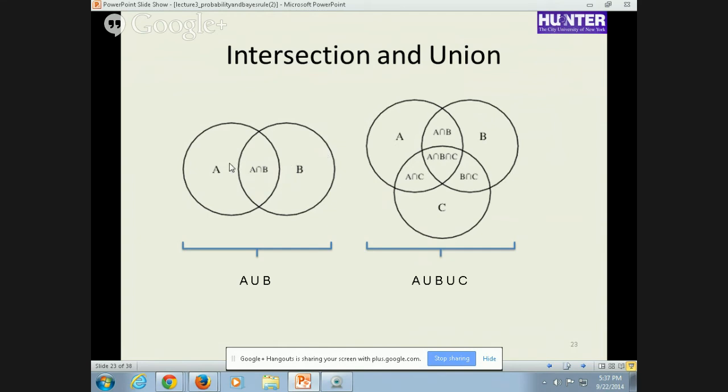So you imagine if you have a case where A and B have both occurred, then you would put that in the middle. If neither of them have occurred, you put it outside somewhere here. So it's just a graphical representation of probability. And you can extend it, it starts getting a little complicated, to three events: A, B, and C. A intersection B means that A and B have occurred, but C has not. Does that look okay?